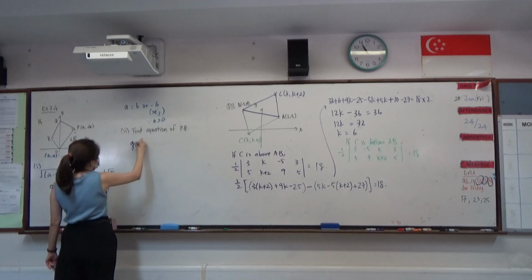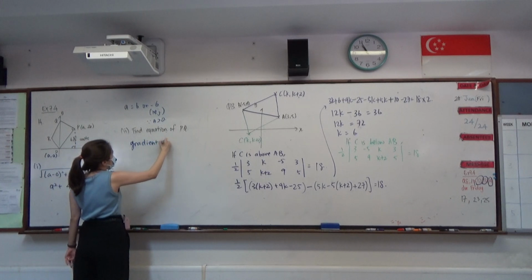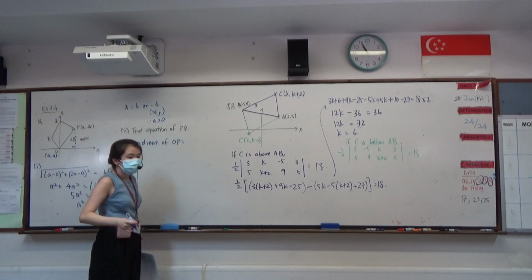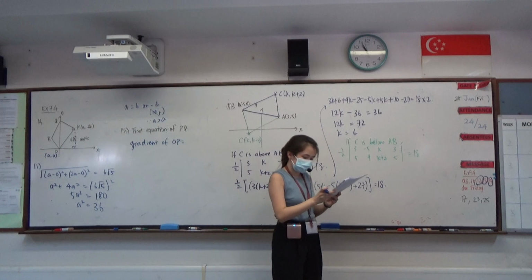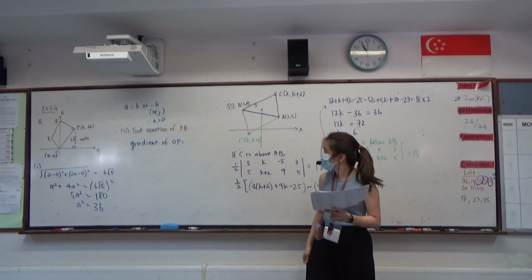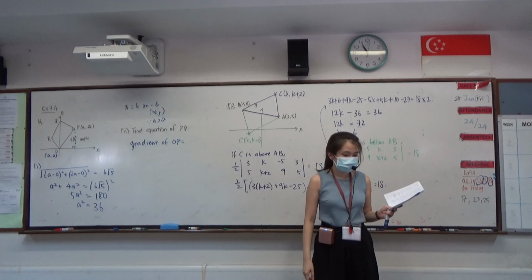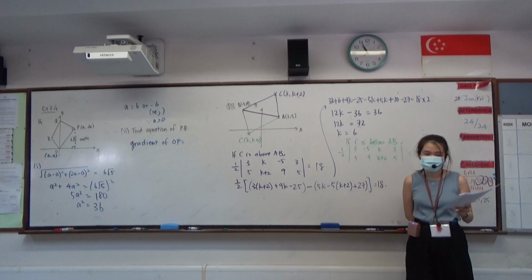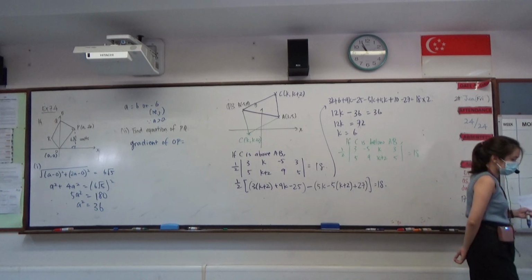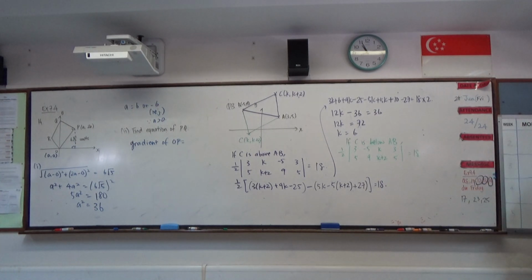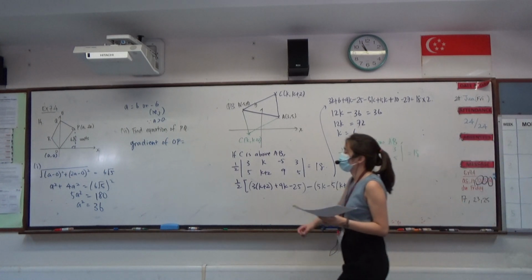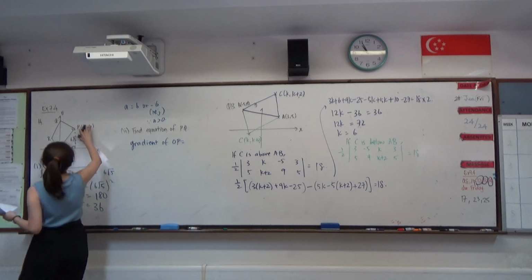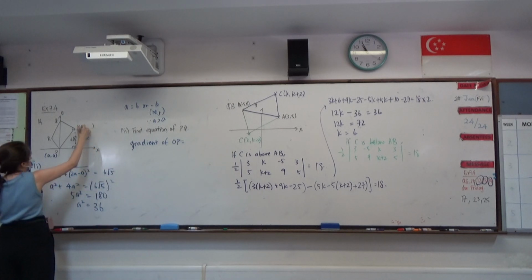Tell me how to find the gradient of OP. A is already 6, so these coordinates will actually be 6 and 12.